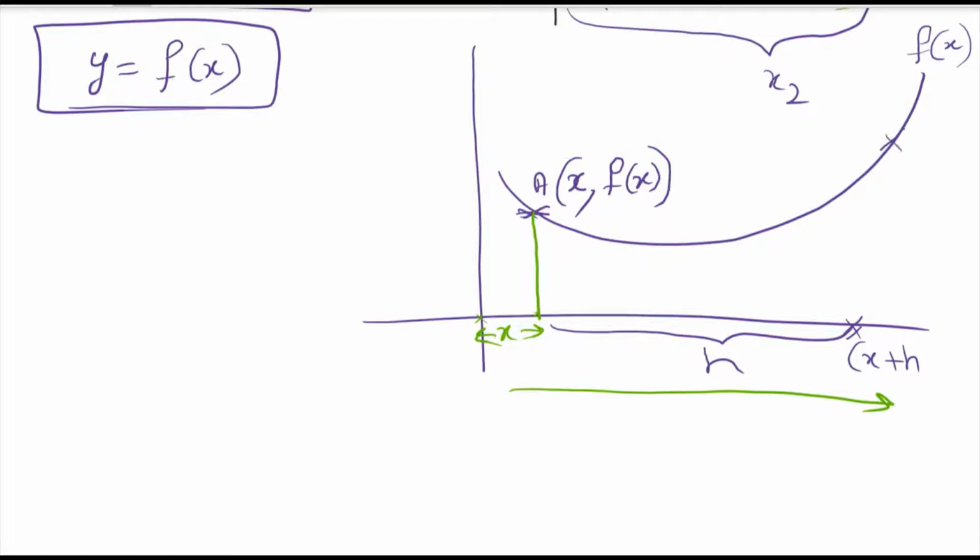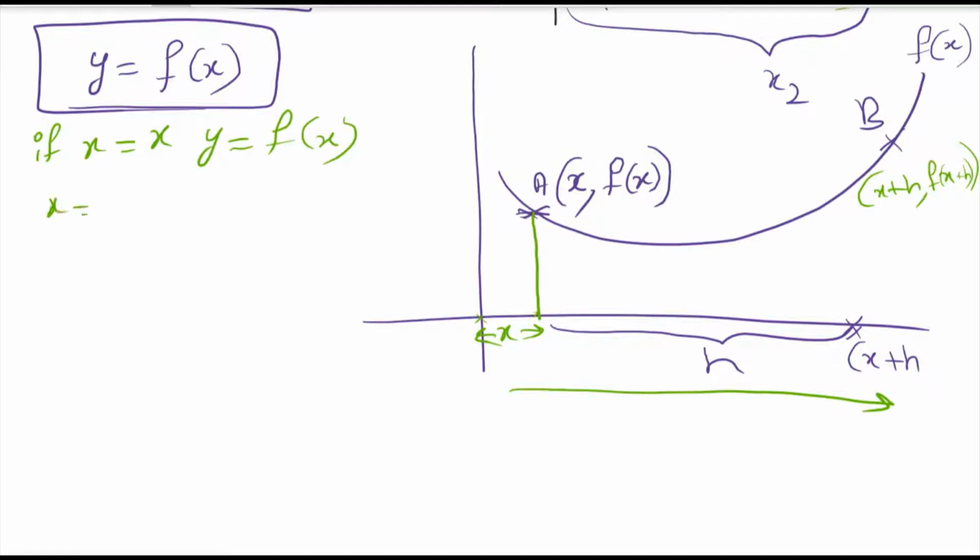If I take a point B here, this B will be x plus h comma f of x plus h. If x equals x, then y equals f of x.